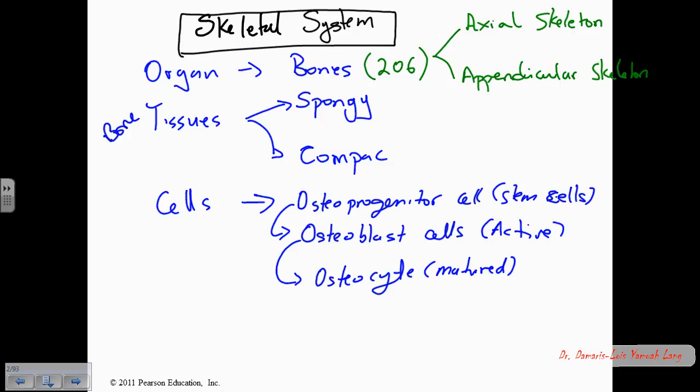So the axial skeleton includes the axial part of the body, which is the skull, the vertebral bones, the ribs, and the sternum.